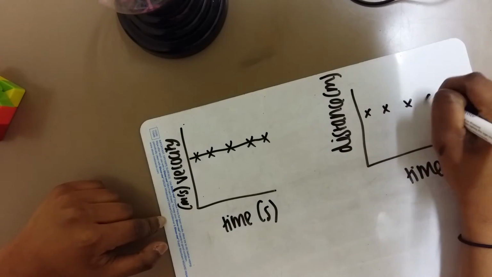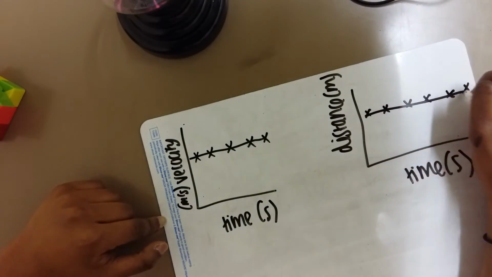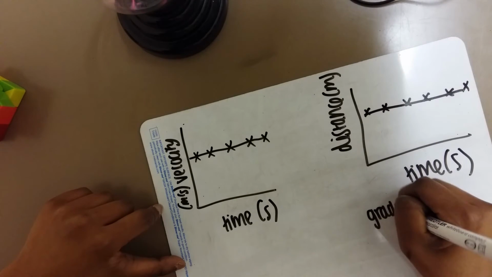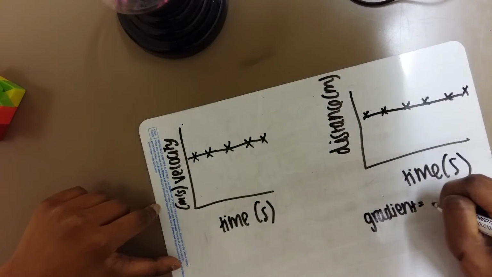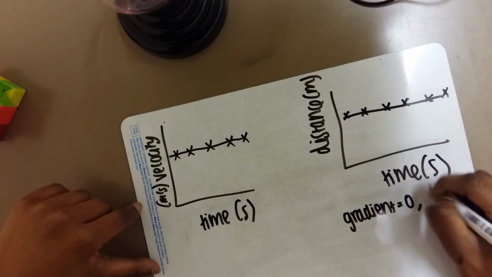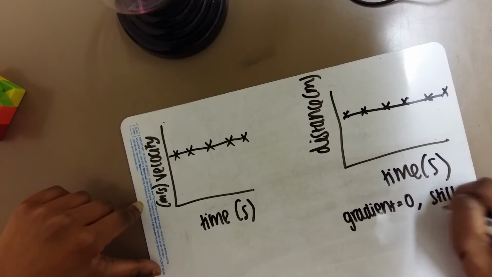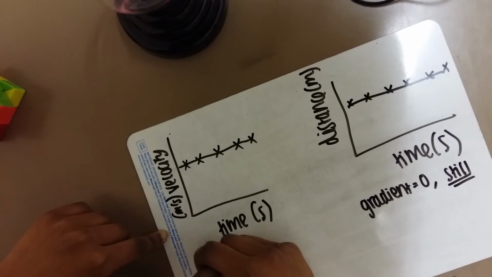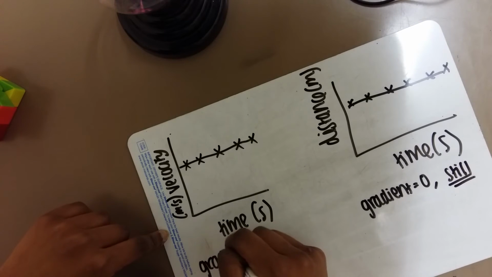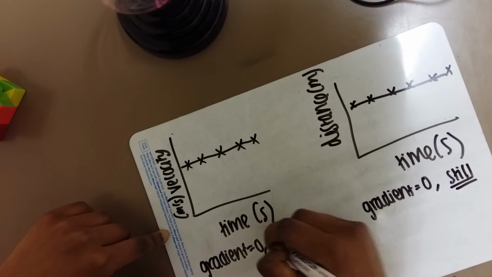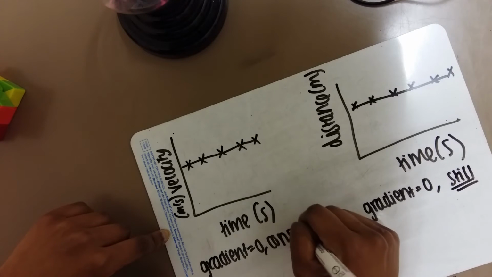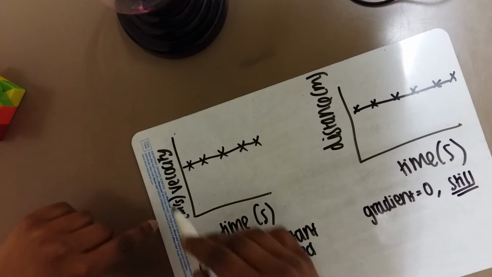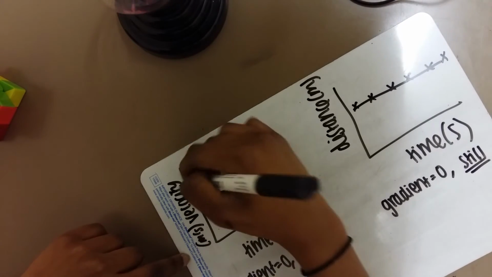When the gradient of the graph is 0, there's a big misconception that a lot of people have about distance time graph and velocity time graph. Here on a distance time graph, when the gradient is 0, it means there's no movement. It's still. On a velocity time graph, when the gradient equals 0, it's moving at a constant speed. Because let's say this value is 5, for example.